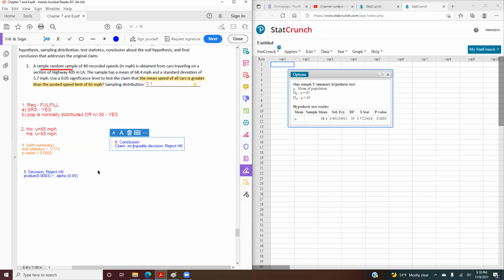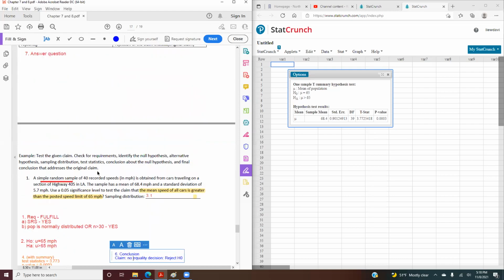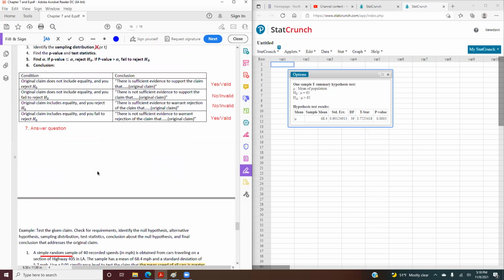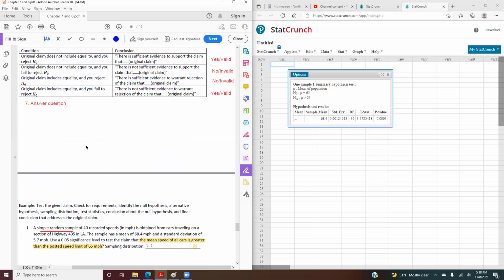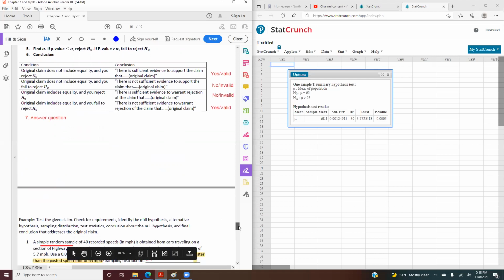So which one are we picking for your conclusion here? Your claim does not have equality, and you are rejecting the null hypothesis. Is that 1, 2, 3, 4? Which conclusion? It's 1, the first one, because you reject and no equality.